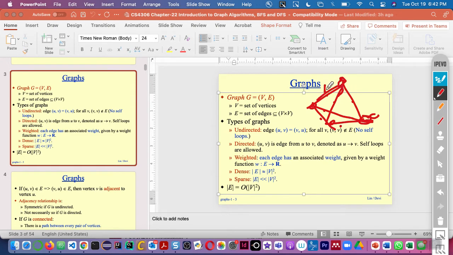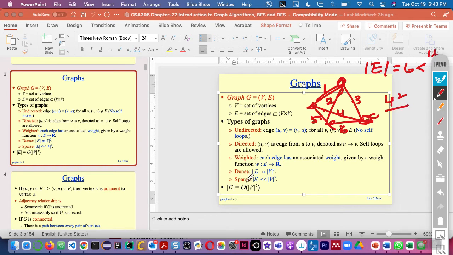So the number of edges E here equals 6. And V squared: how many vertices? 1, 2, 3 and 4. So 4 squared is 16, and we know that 6 is less than 16.